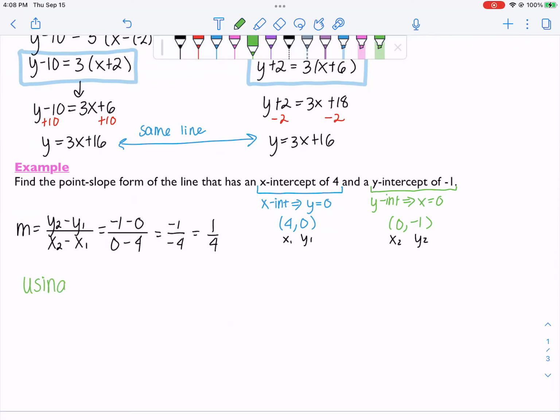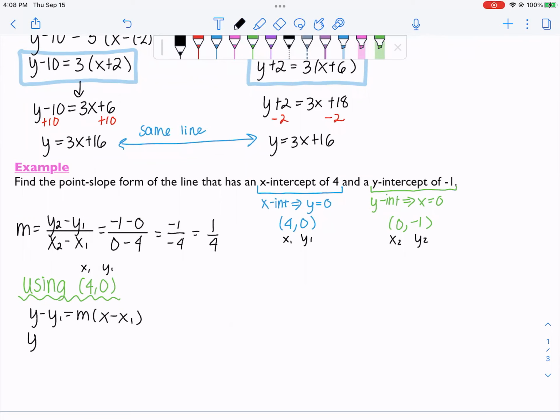So we can use the point (4, 0), in which case it's y minus y1 equals m times x minus x1, x1, y1.